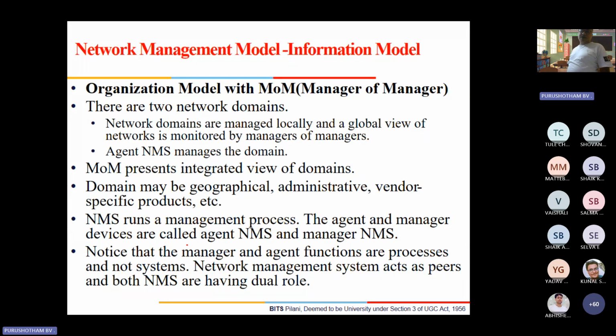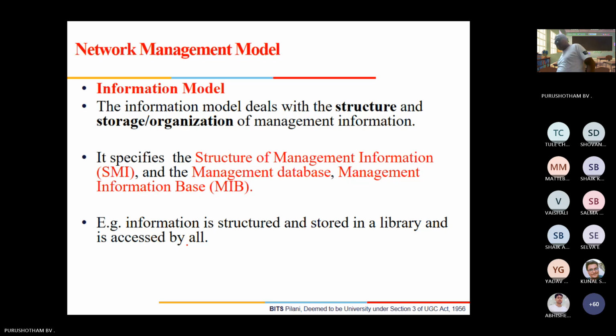Network management systems act as peers, and both network management systems have a dual role. The information model deals with the structure and the storage of the organization. How the data is stored or organized will be dealt with by the information model.